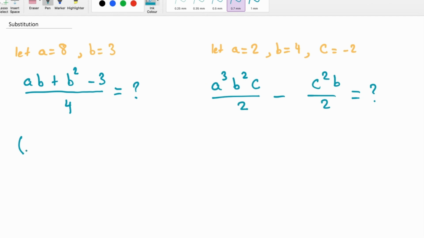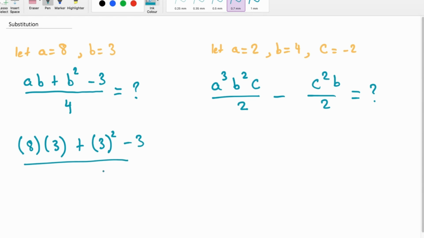Now we have 8 in brackets, 3 in brackets, plus b squared, so that's 3 squared, minus 3. That's the top done, all over 4 is equal to question mark.